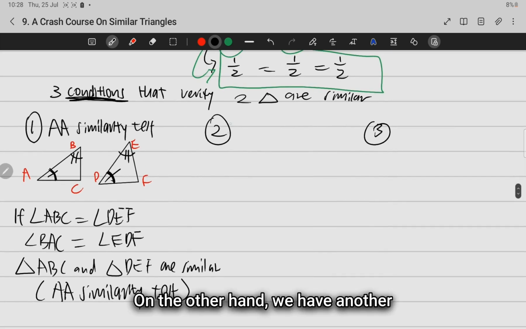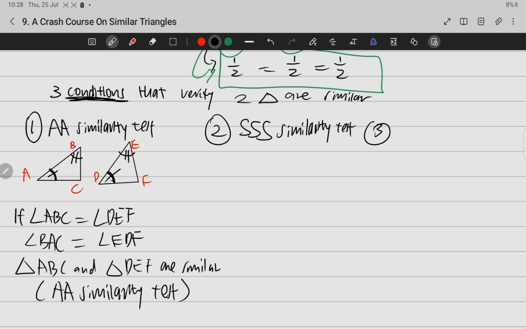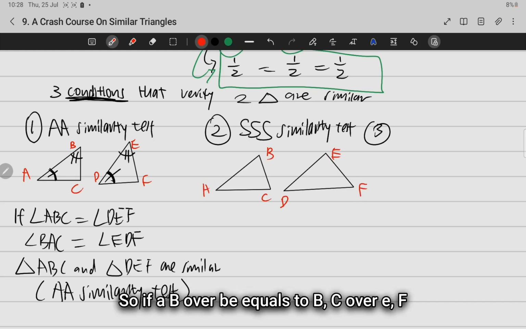On the other hand, we have another one called the SSS similarity test. So consider these two triangles again. If this is ABC, this is DEF.